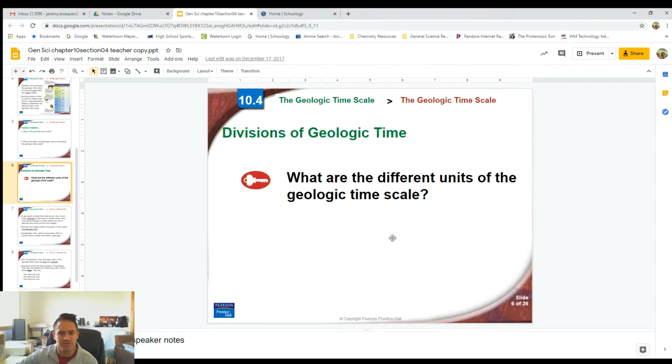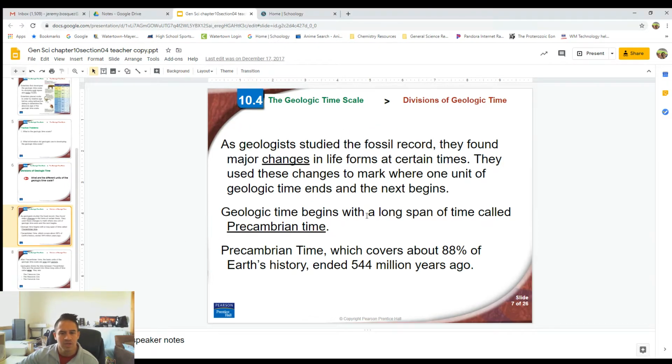So what are the different units of the geologic time scale? All right, so as they have studied the fossil record, geologists have found that major changes in life forms usually happen at certain times. Okay, and so these changes are usually what mark where one geologic time ends and the next one begins.